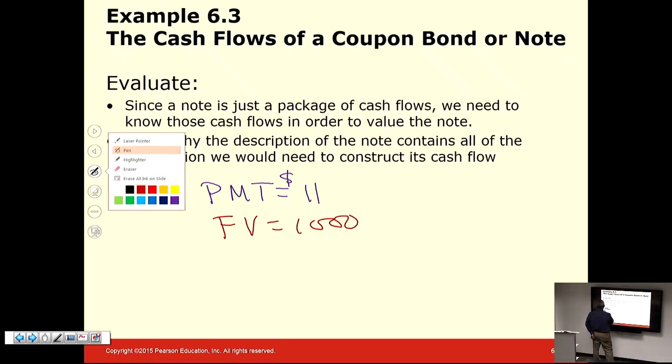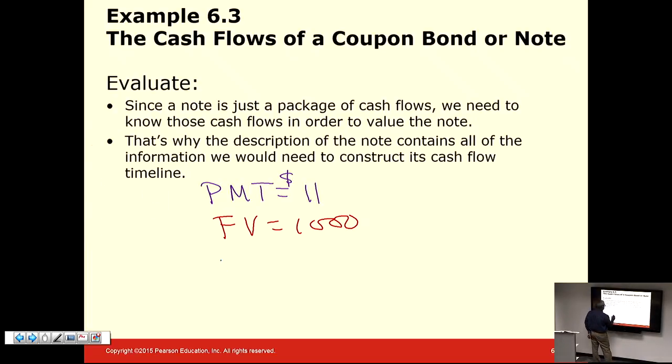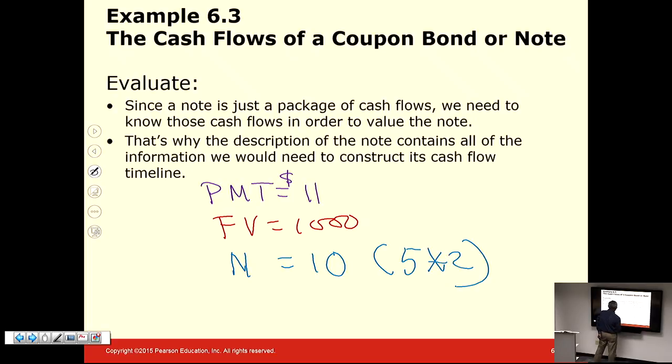So the number of periods, N, will be 10, which is 5 times 2. Payment was 11, which is 22 divided by 2. Just to make note of everything over here, we have future value. Now what do we need?